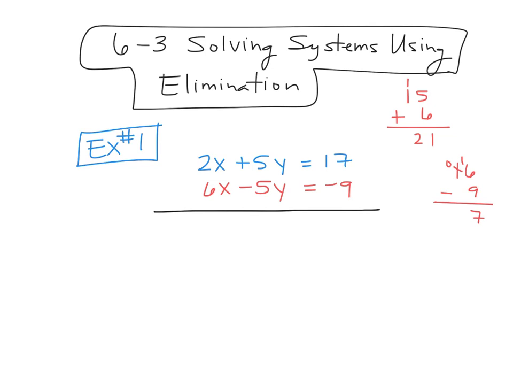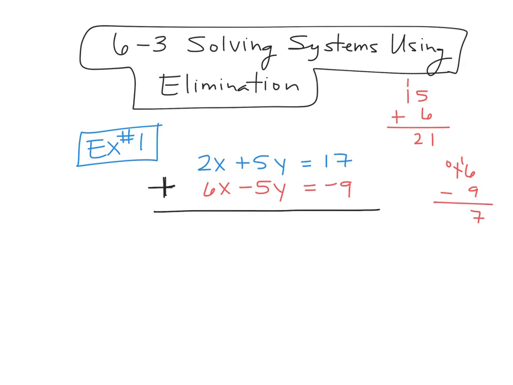When they are opposites like that, that's ideal. That's where you want them to be able to solve this system of equations. So what we're going to do is we're going to add these two equations together.